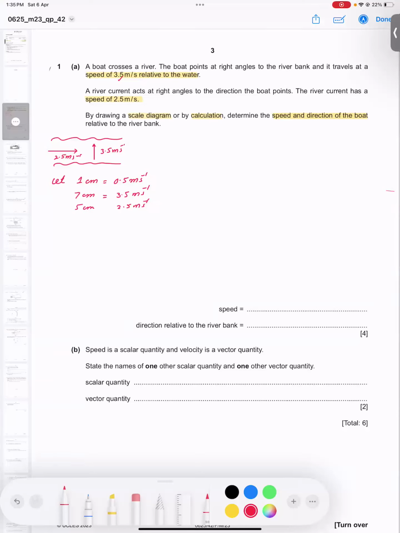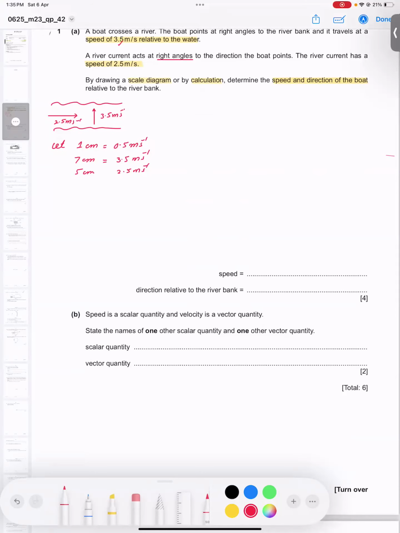As it is given, both are at right angle to each other. I will draw by scale. As you can see, there are no numbers given on this scale, so I will consider this distance as 1 centimeter. I have to draw 5 centimeter, that is actually the river speed, and I will represent it in vector form.